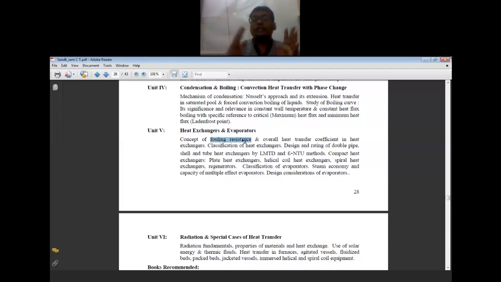You already talked about this in terms of your kinetics, rate determining step, which is the slowest step. Similarly, here also you have to understand the rate determining step, which is giving the maximum resistance. Maximum resistance is the understanding, and how to reduce that resistance is the corrective action that you are going to take. So for that purpose, you are going to calculate the overall heat transfer coefficient in the heat exchanger.